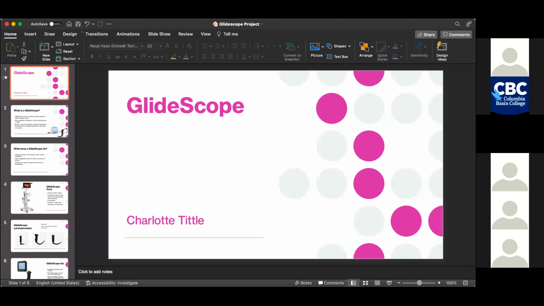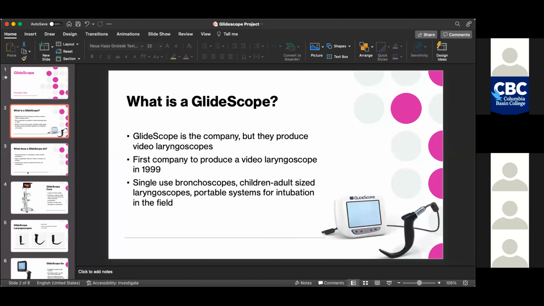Yes. Okay, so I have Glide Scope. So what is a Glide Scope? Glide Scope is the company, but they produce video laryngoscopes, kind of like what Kashmir just shared. They're the first company to produce a video laryngoscope, and they did that in 1999.